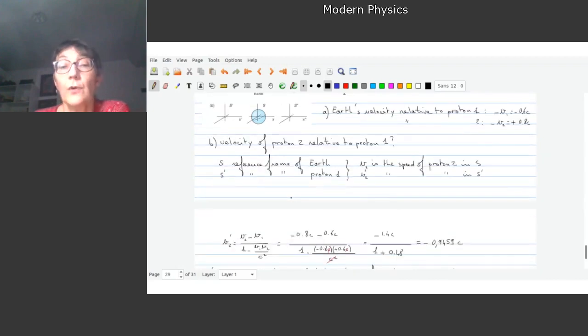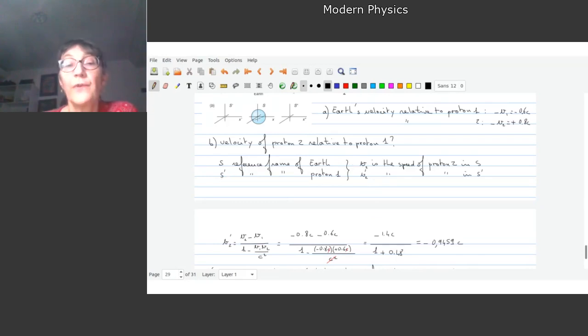If you put things very clearly, I say that S is the reference frame of Earth, and S prime the reference frame of proton 1. These are my two inertial reference frames. Now I want to know what is the velocity of proton 2 as measured in the reference frame S prime.